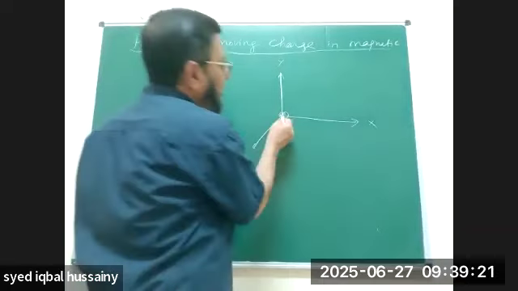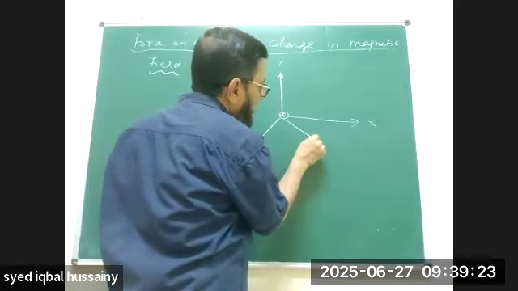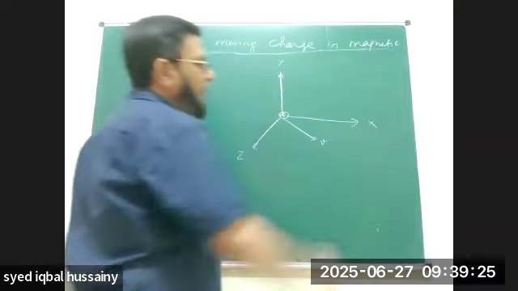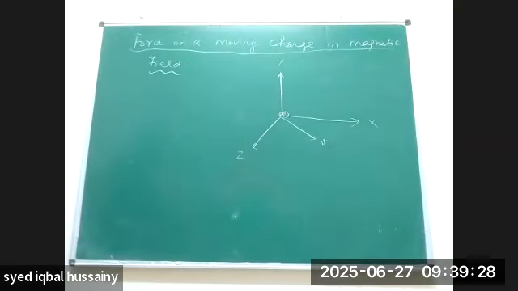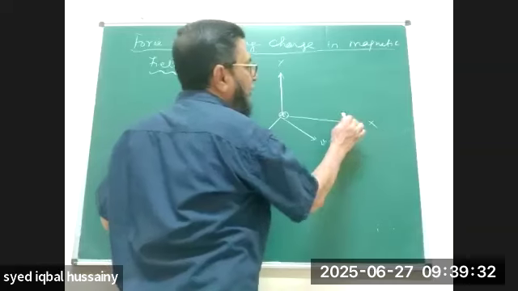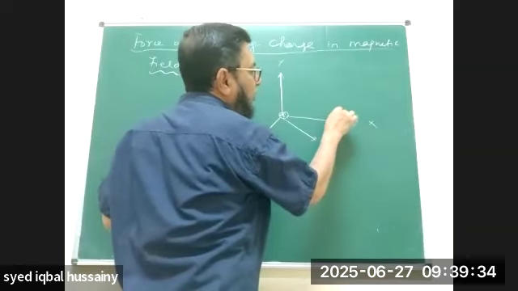Now, this charge is moving in this direction with velocity V. Imagine that the magnetic field is also acting along the positive side.